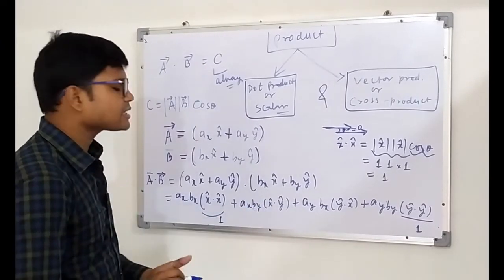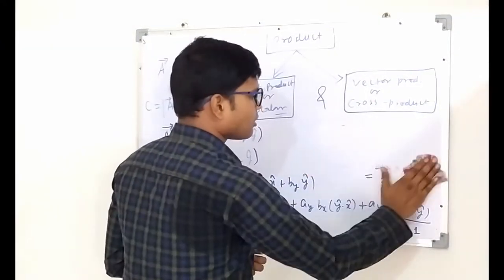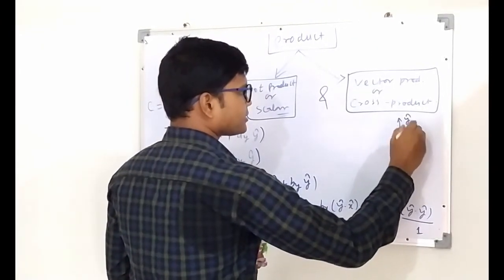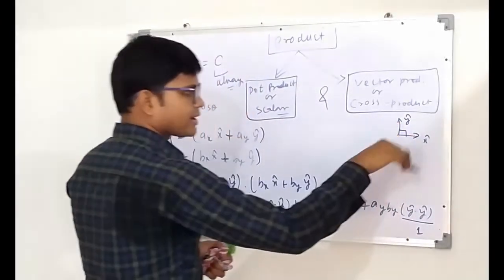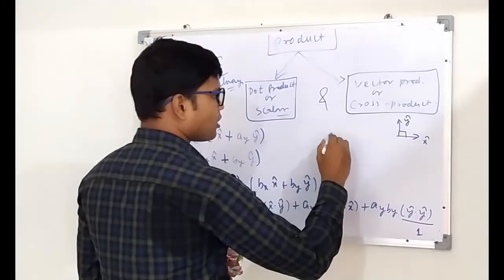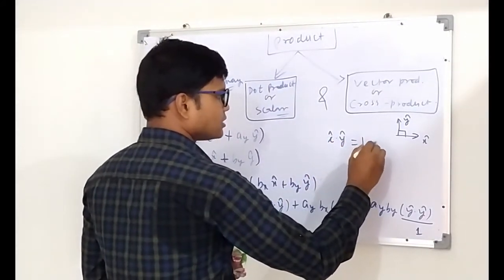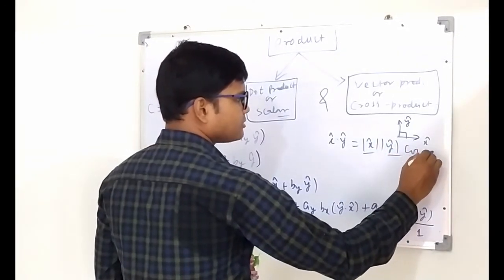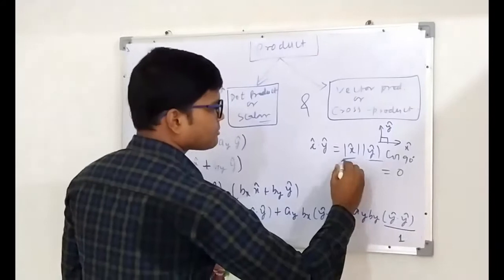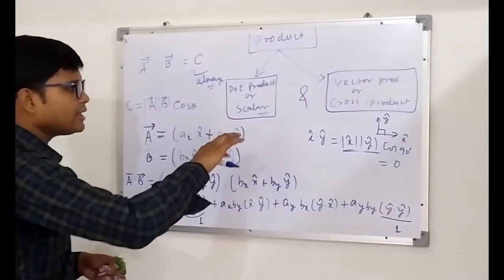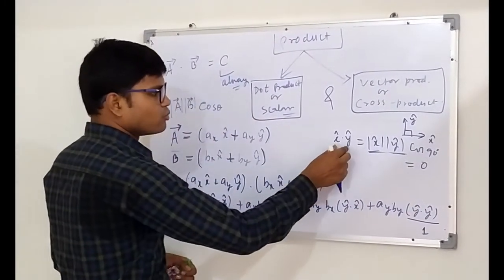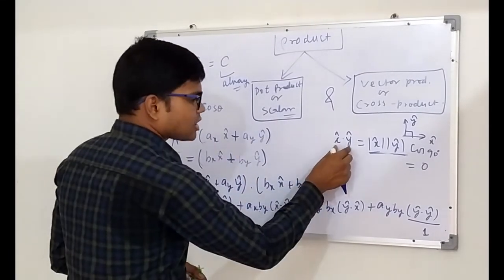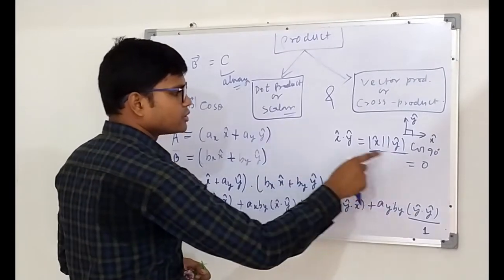But what about x hat dot y hat? Same thing, this is x hat, this is y hat. The angle between these two vectors is 90 degrees. So x hat dot y hat gives you the magnitudes, which are 1 and 1, but cos 90 gives you 0. So 0 multiplied by anything is 0. Therefore any two vectors which are orthogonal will always produce 0.